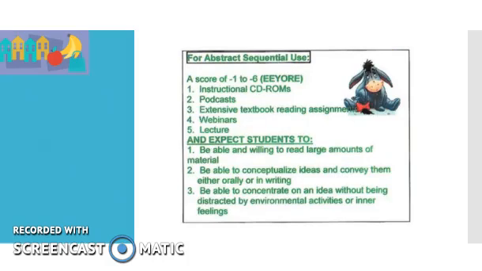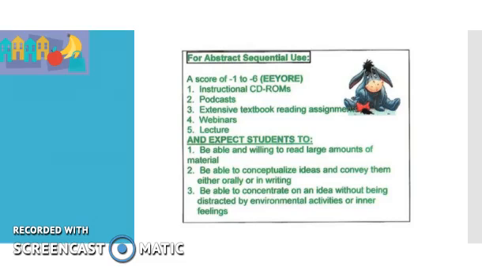Also on the abstract side, there's abstract sequential students. These are students who scored between -1 and -6, and are represented by Eeyore. Actually, more students in our class tended to fall into this range.